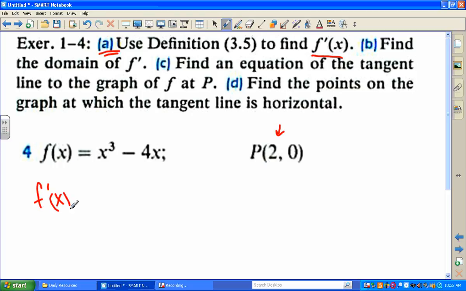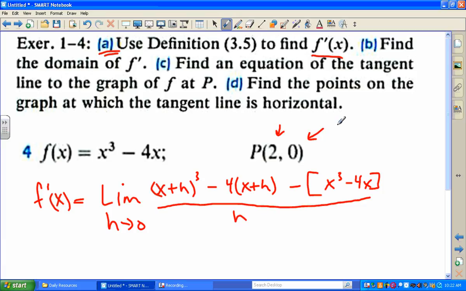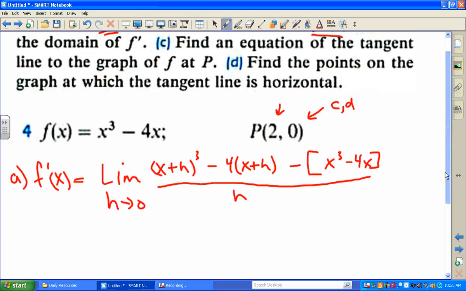F prime of x equals the limit as h approaches 0 of [x plus h] cubed minus 4 times [x plus h] minus, remember I always use brackets for the original function, [x cubed minus 4x], all over h. Okay? This p right here is only used in part C and D. Right now we're doing part A. And I have to simplify that.